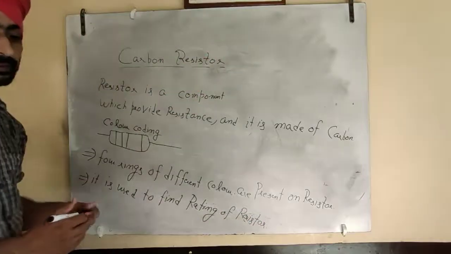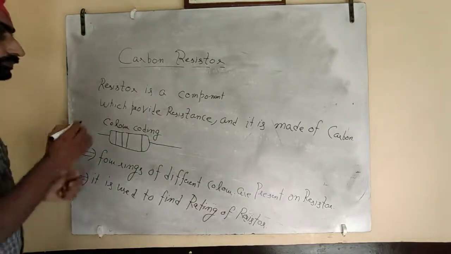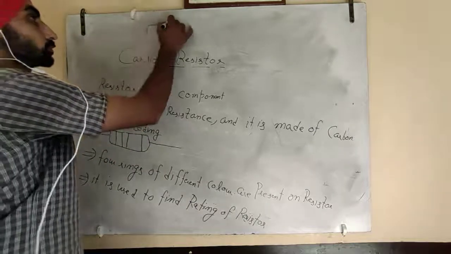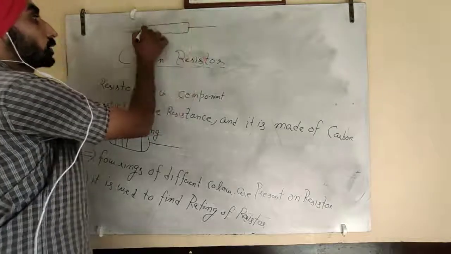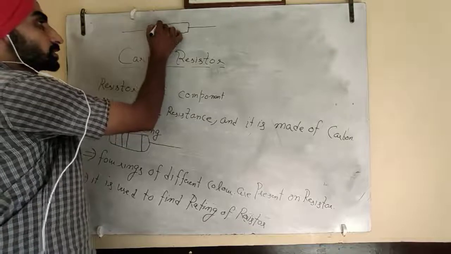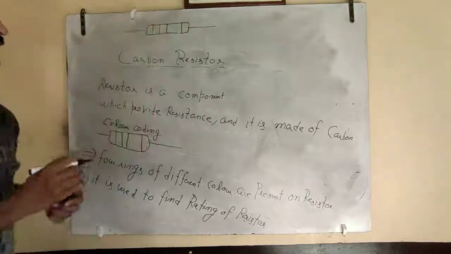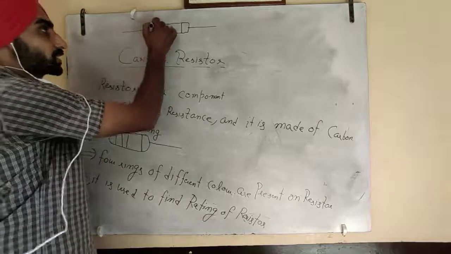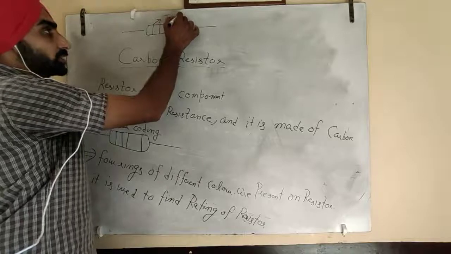Okay, so this is the first color, this is the second color, this is the third color, and after some space there is a fourth color. So this first color will provide the first digit of the rating.